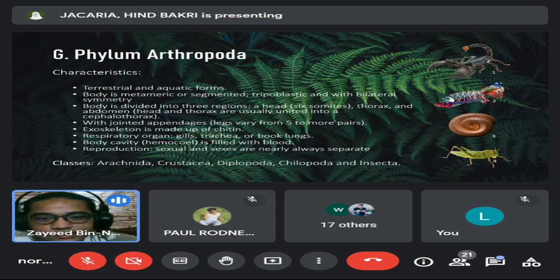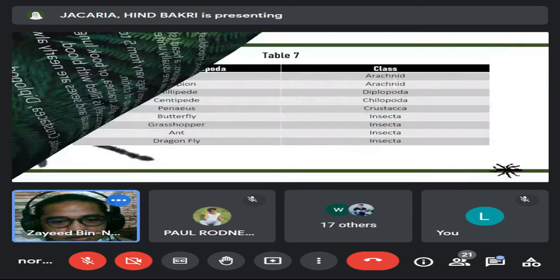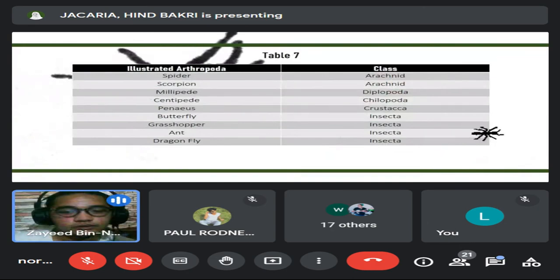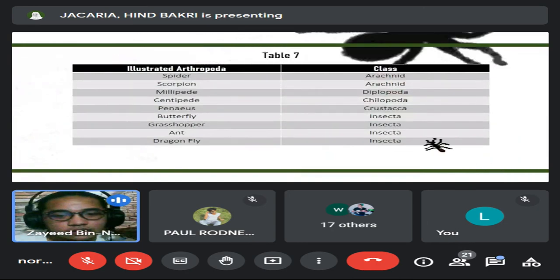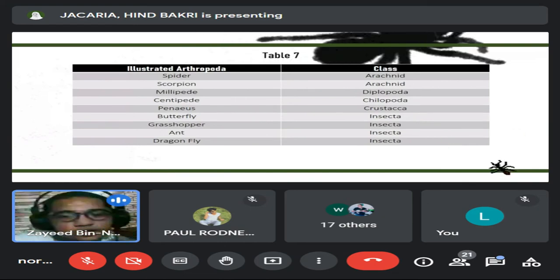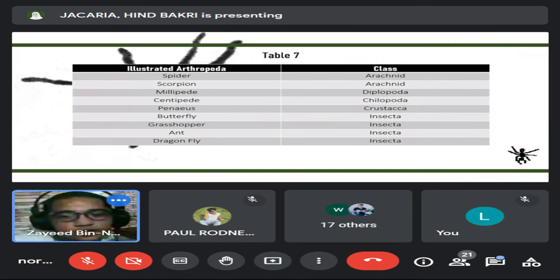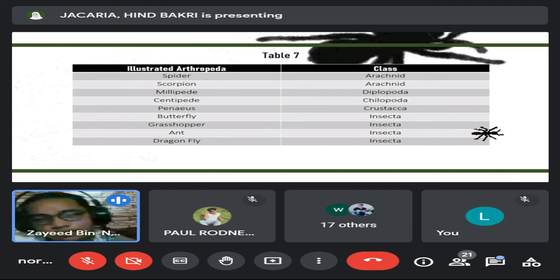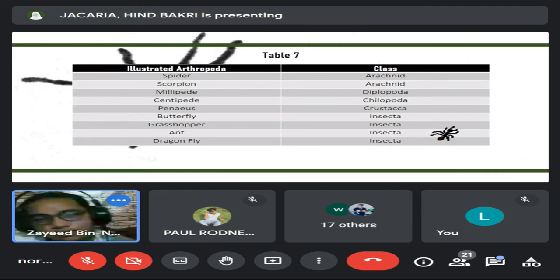There are five classes of phylum Arthropoda: the Arachnida, Crustacea, Diplopoda, Chilopoda, and Insecta. Next slide, please. Here is the table of illustrated Arthropoda and their classes. The first is the spider and scorpion, which have the same class, the arachnid class.